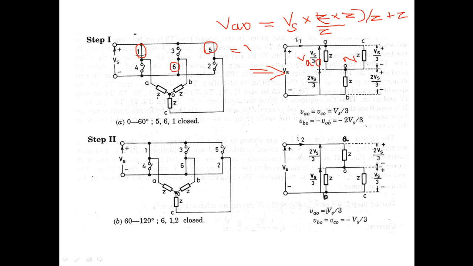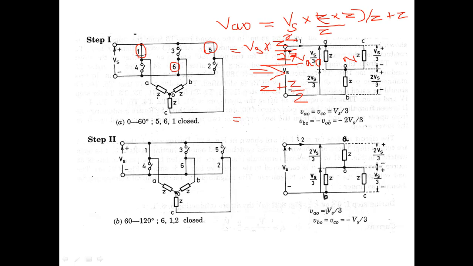So Vs into Z square by 2Z, divided by the total impedance, which will be Z plus Z square by 2Z. The Z will get cancelled, so it will be Z by 2. So Vs into Z by 2 divided by Z plus Z by 2.